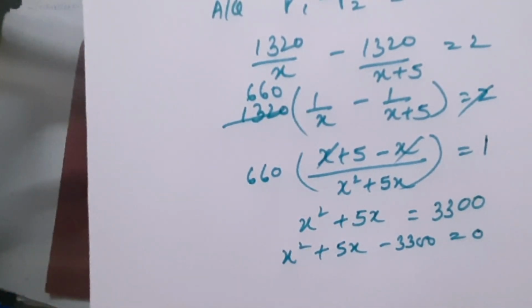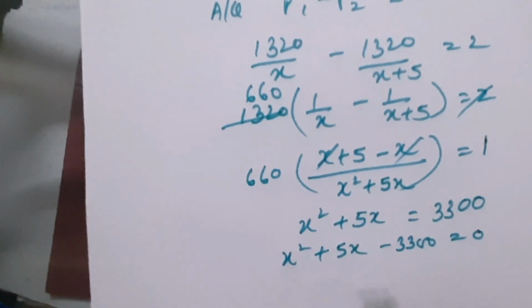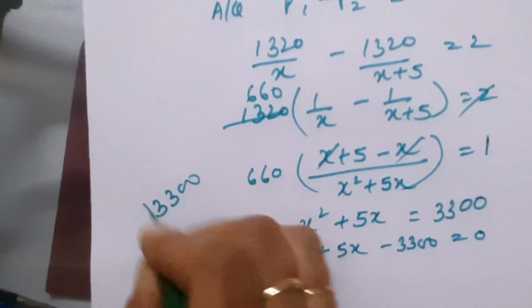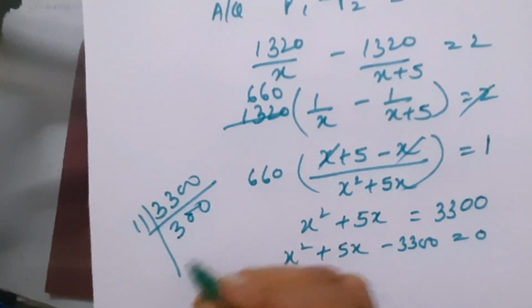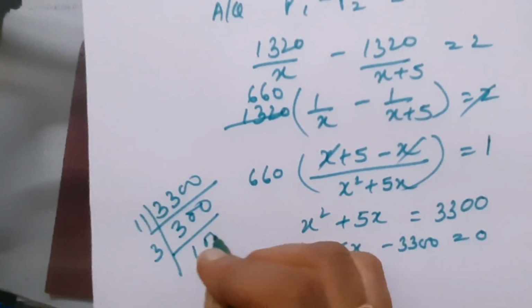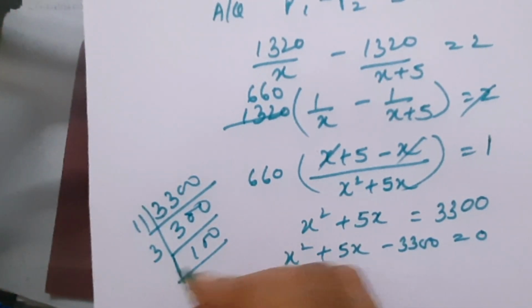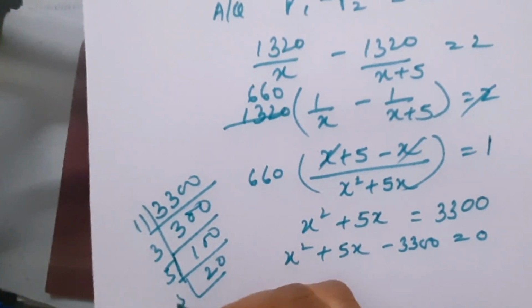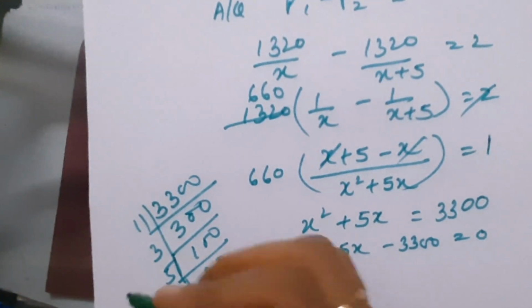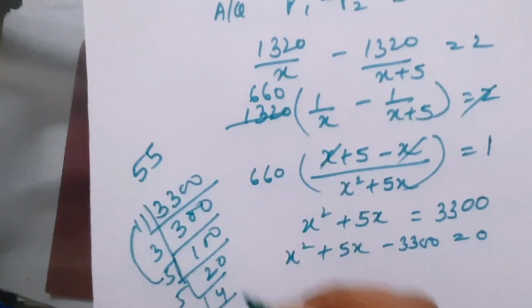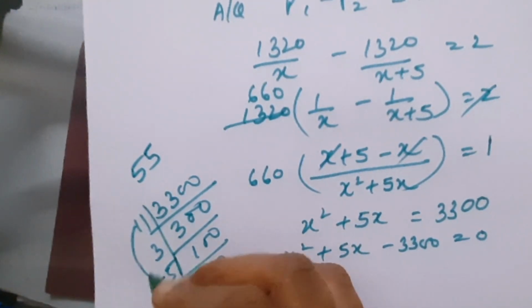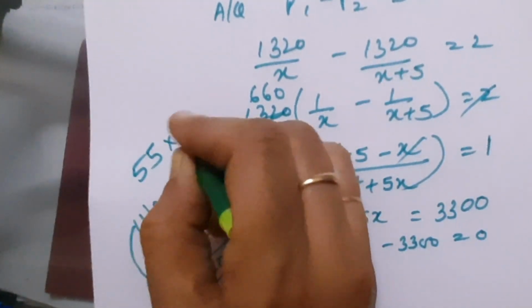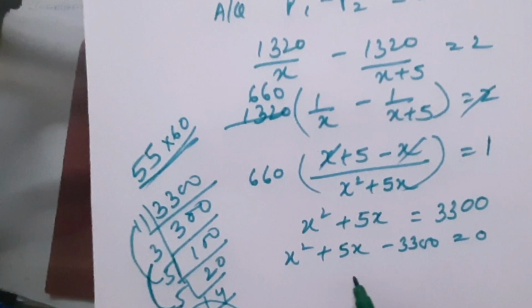Now find the factors of 3300. Suppose we take the factors as 60 and 55, since 60 minus 55 is 5.